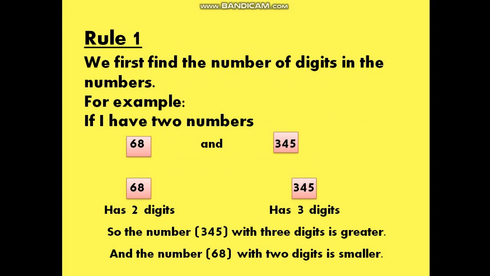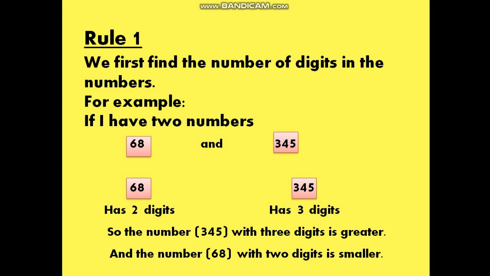Rule 1. I am starting with the very small numbers, kids, so that you can understand. We first find the number of digits in the number. Now look at the example given. 68 is a two-digit number. 345 is a three-digit number.